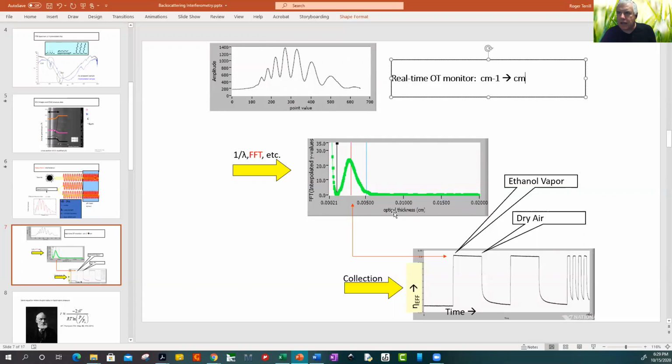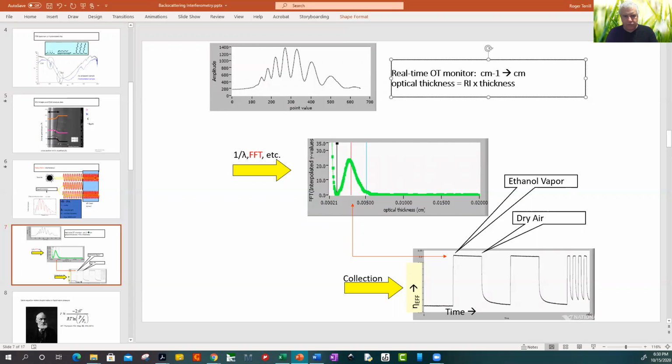And this axis here is now called optical thickness. Optical thickness is refractive index times thickness. It's just because the light takes longer to get through the higher index medium, you know?